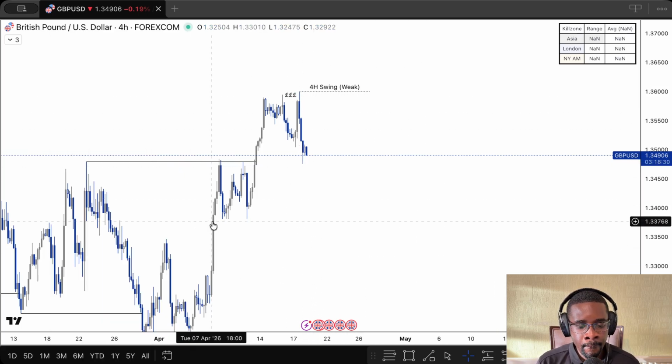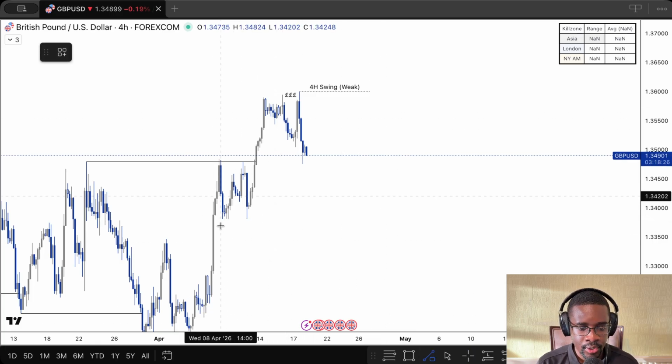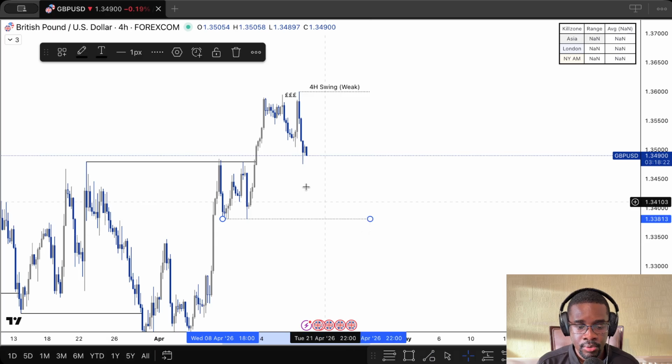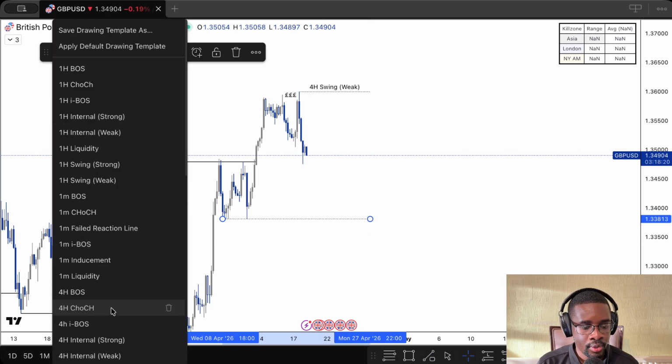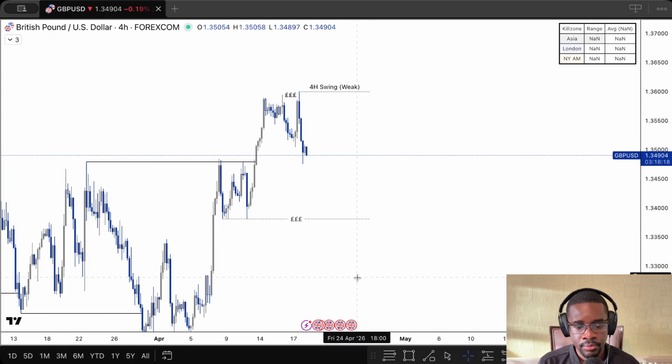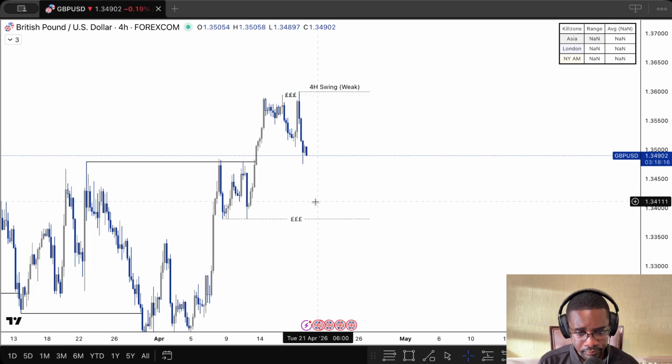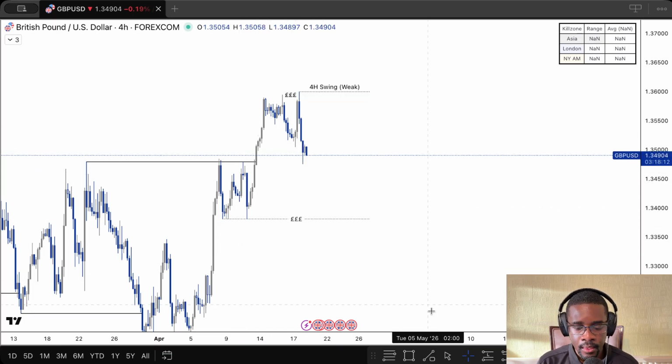Now having a reaction bearish, and then we have relative equal lows at the bottom here, so that could be a possible liquidity target. And then what else do we see?